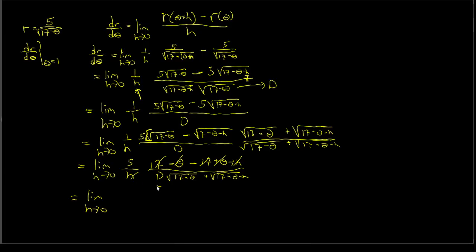And so I have 5 upstairs, and then downstairs I have the denominator: square root of 17 minus theta minus h, times the square root of 17 minus theta, times the square root of 17 minus theta plus the square root of 17 minus theta minus h.